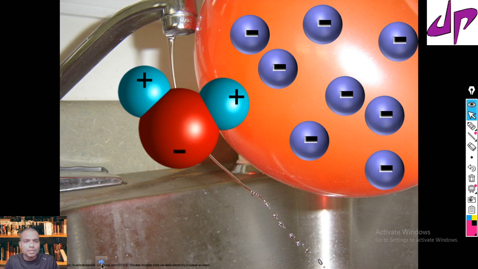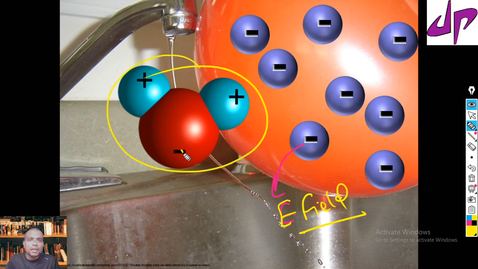So how are they changing? They are changing because of the external presence of the negatively charged balloon. I can take this as an external electric field, a negatively charged external electric field. This is the original alignment.